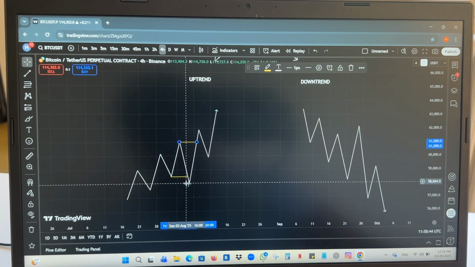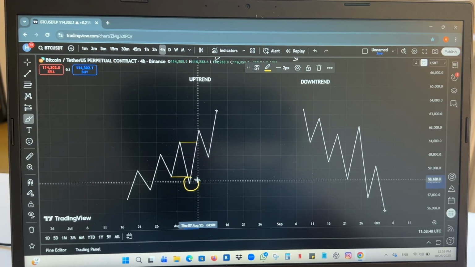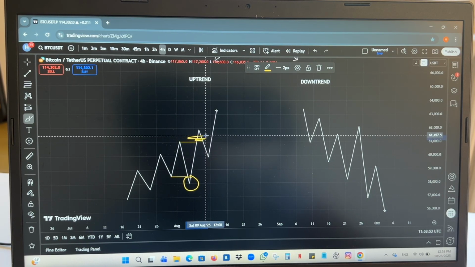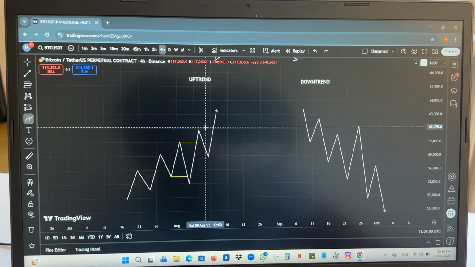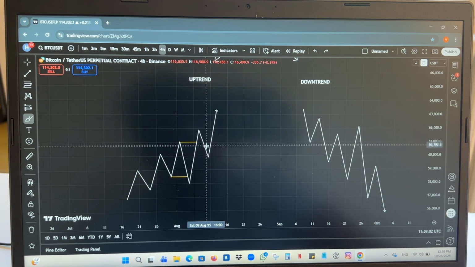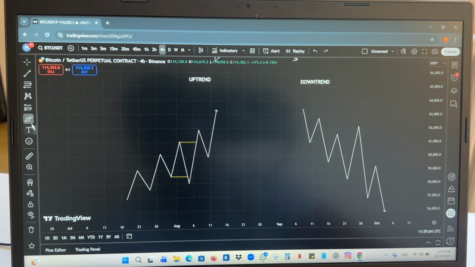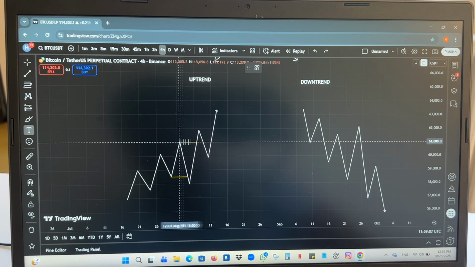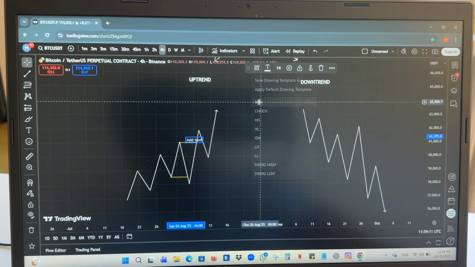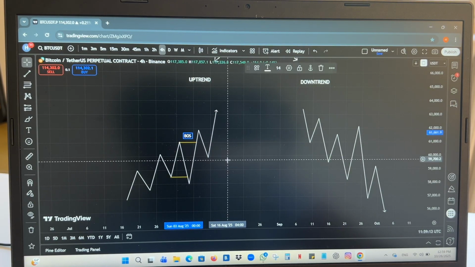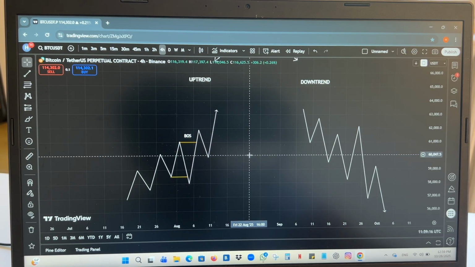If it's somewhere over here, we cannot get into trades from here itself. We have to wait for the confirmation. So it needs to hunt this level, and then when it's confirmed and it keeps on going up, then we call this line a BOS.